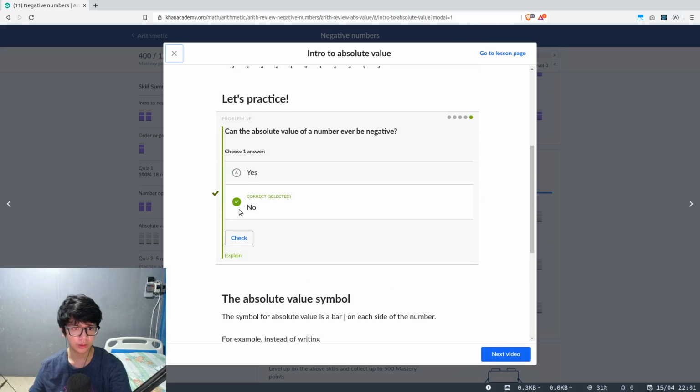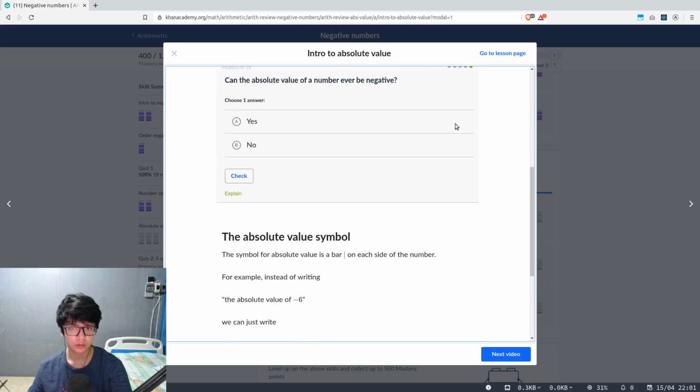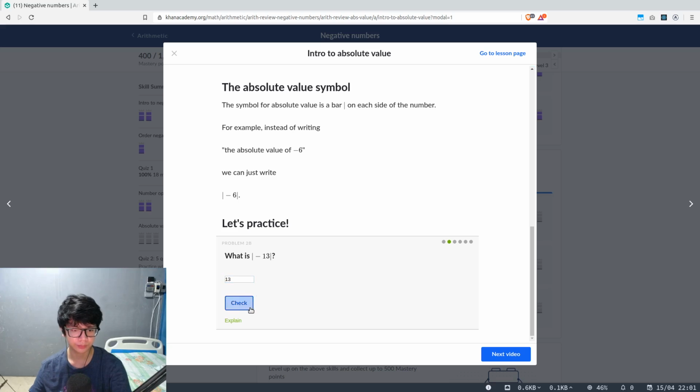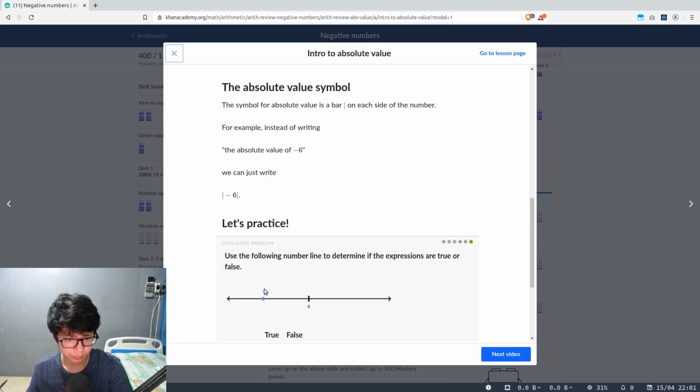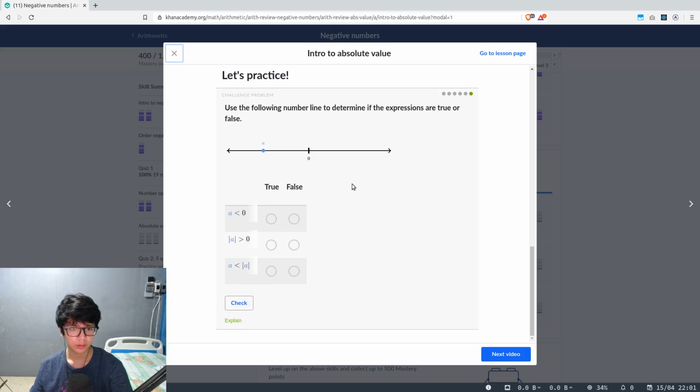Was it worded here? Yeah, it was. Yep. So this one we're using the symbol. Okay.